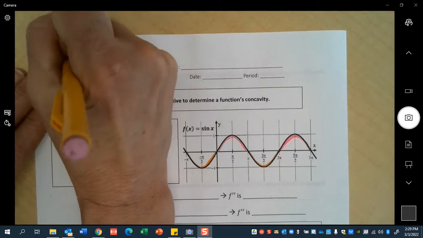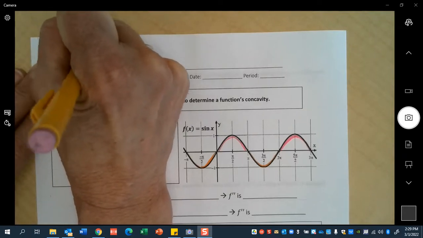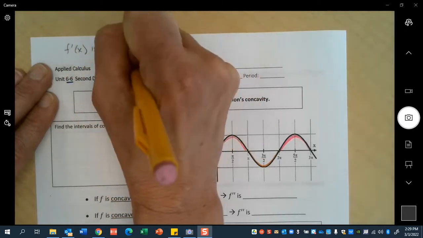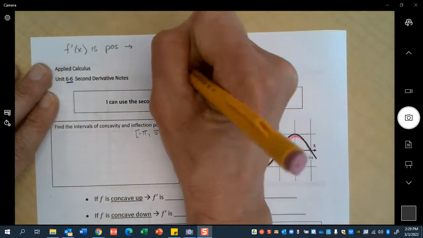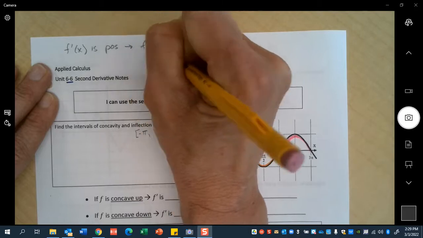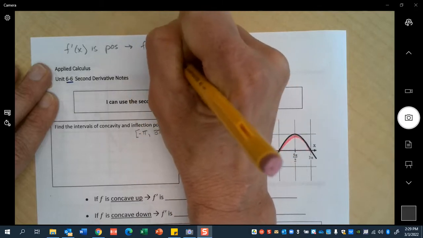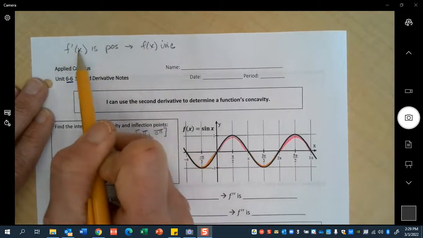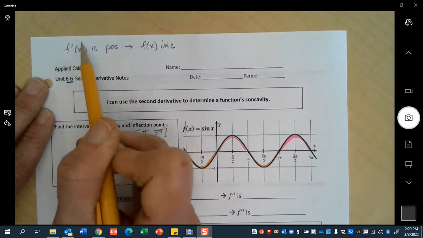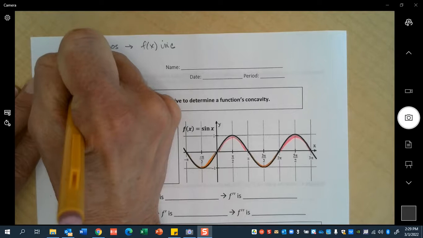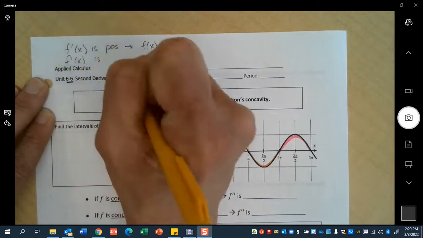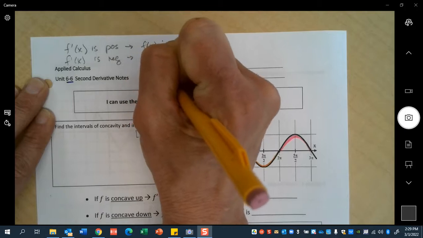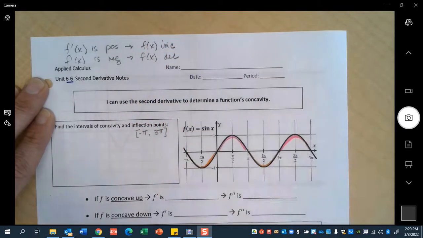If my derivative value is positive, then that means that my function is increasing. And make sure you pay careful attention to whether you're talking about the function or the derivative. If my derivative value is negative, then that means my original function is decreasing.